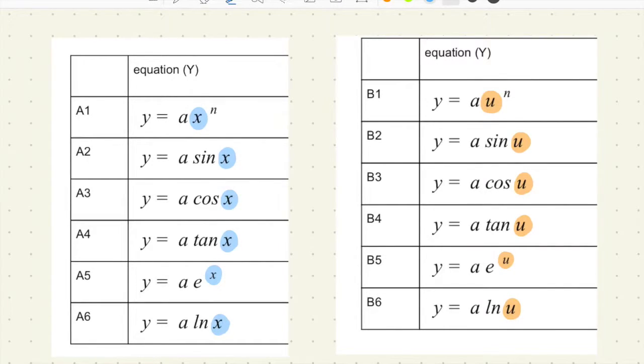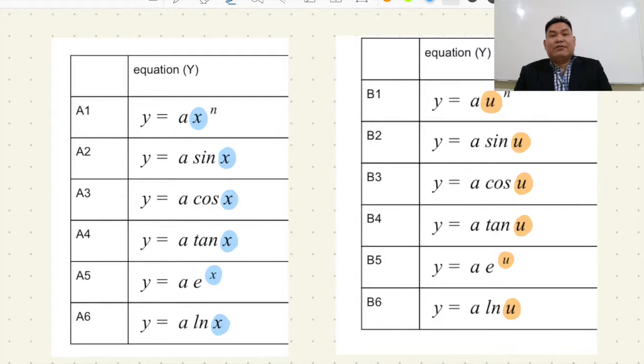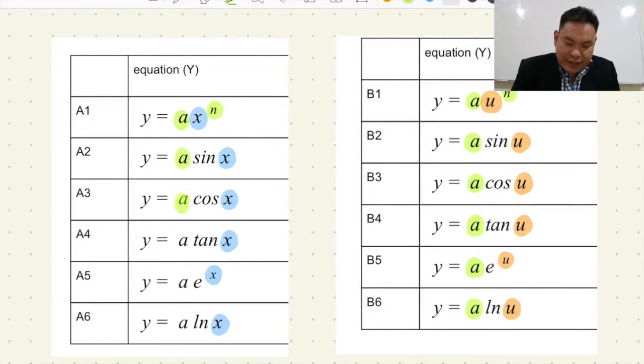If you replace x in formula group A with U, then it will turn into formula group B. Usually I ask my students to mark the variables A and N with green color to indicate that all of these are constants.